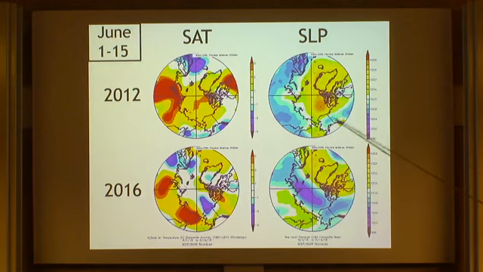This is the high pressure we had in 2012, which means it was very sunny in 2012 at the beginning of June, which is the time when pond formation takes place. Whereas in 2016, the temperature was also quite mild, but we had a low pressure, and it was quite cloudy, mild and cloudy, with much less sunshine, so the melt pond formation was weaker.